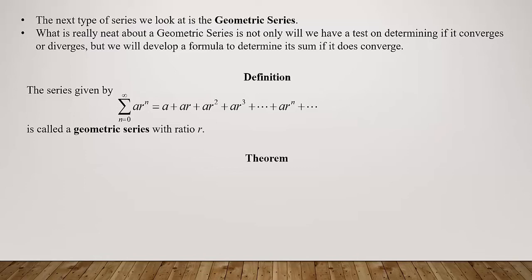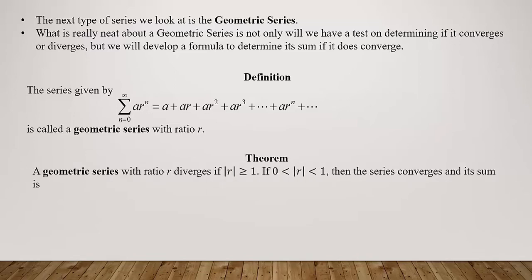And here's a theorem. A geometric series with ratio r diverges if the absolute value of r is greater than or equal to 1. If the absolute value of the ratio r is between 0 and 1, then the geometric series converges.